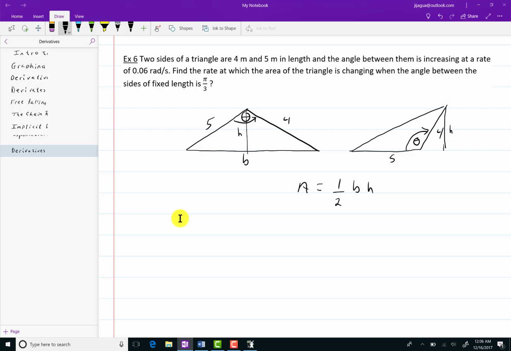Let me fix that side up. There's 4, and there is h. And this is b, remember that, but I don't need that anymore because I have 5. So I can actually take this out. My base is now 5. My height, I don't know yet, but I can get a connection.